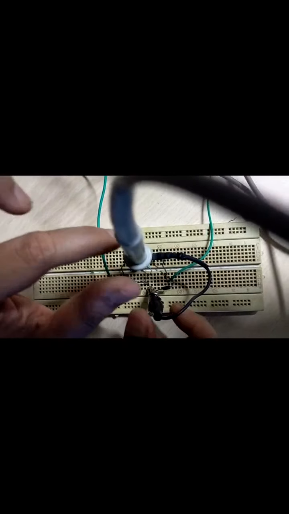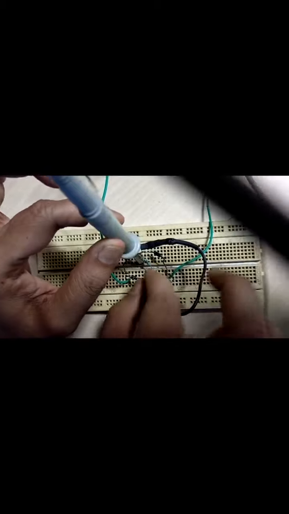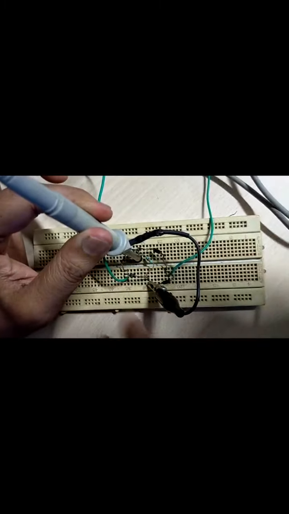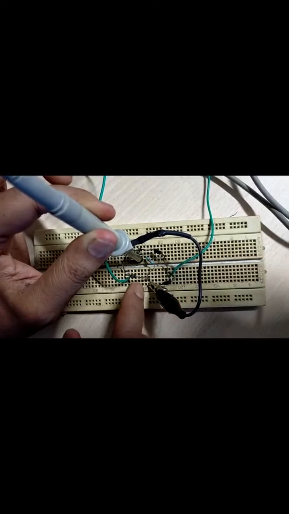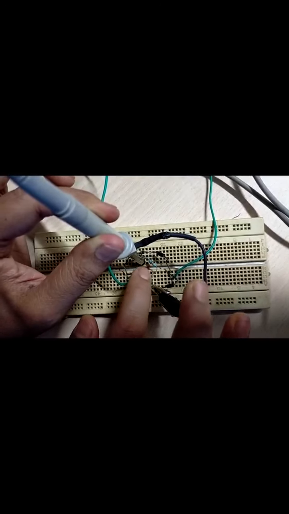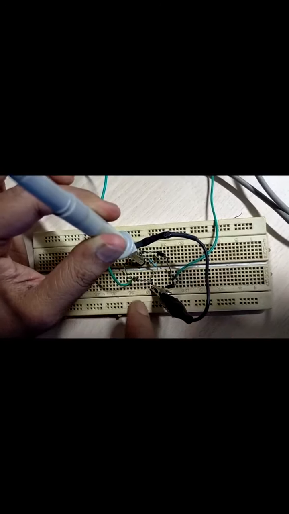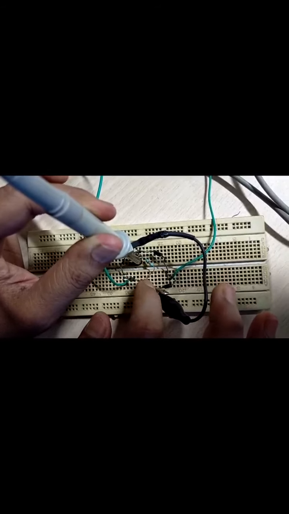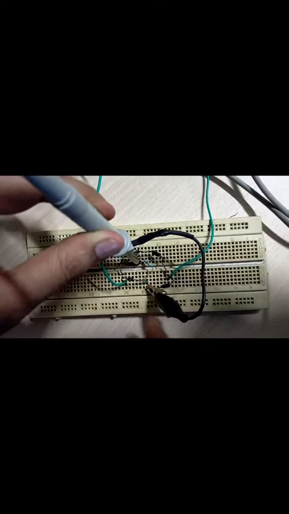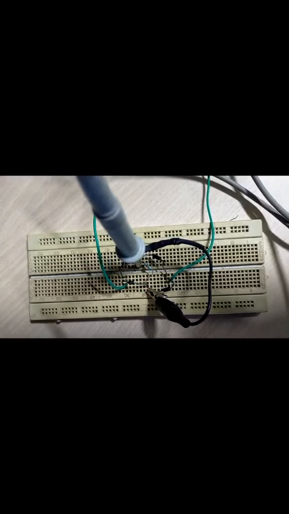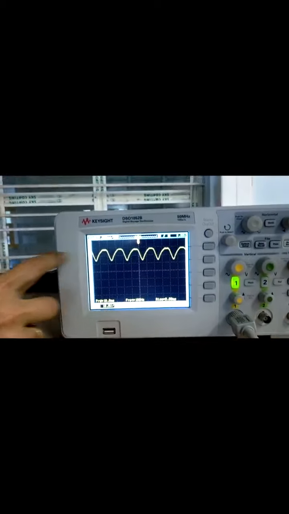As I was telling earlier, for obtaining the output you have to connect the two terminals of the probe across the load resistor, because across the load resistor we are getting the output. Now see, this is your output signal.